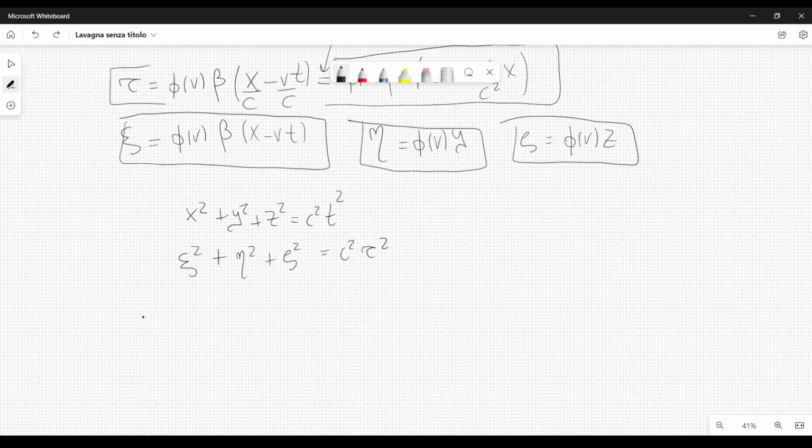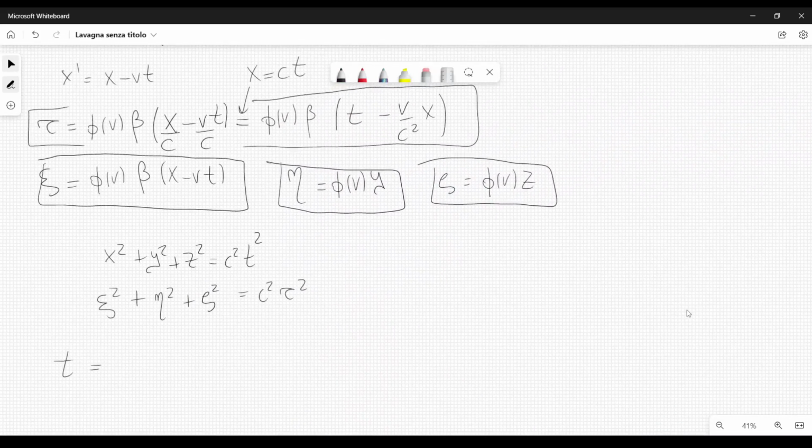So, for example, t can be written as, we can write something very similar to this expression. We just have to change x to xi, t to tau, and also v to minus v, because we are looking at the frame in the other direction.